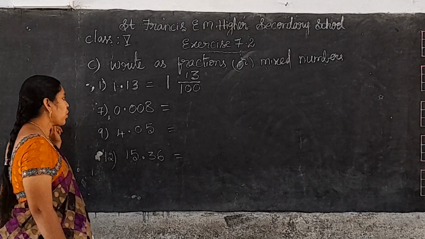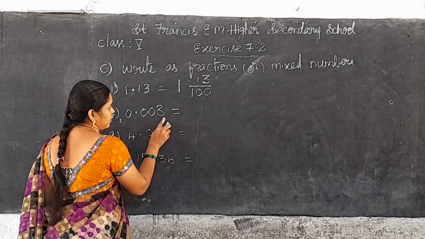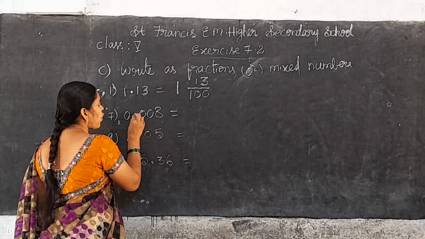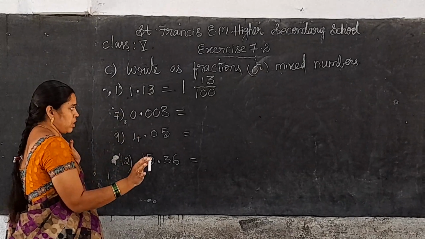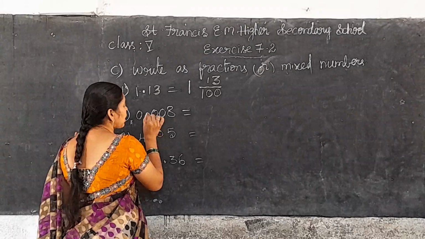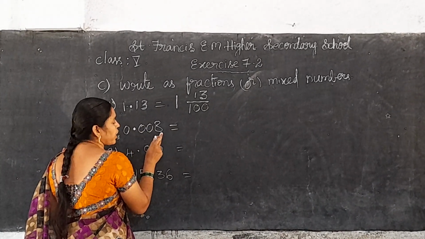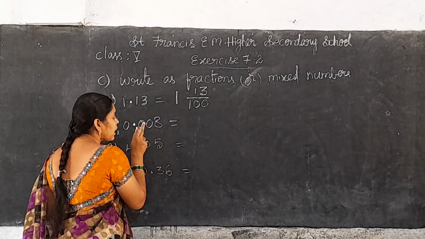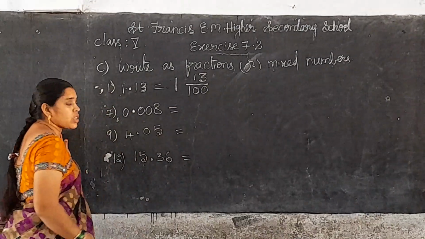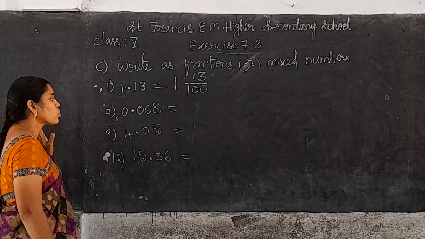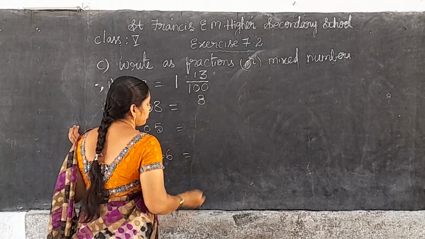Okay, now I'm going to explain the seventh one, 0.008. So what number is there before the point? 0. So there is no whole number. And what is there after the point? 008. So here, while writing a number, do zeros on the left side have any value? No. So no need for those, just 8 you should write in the numerator.